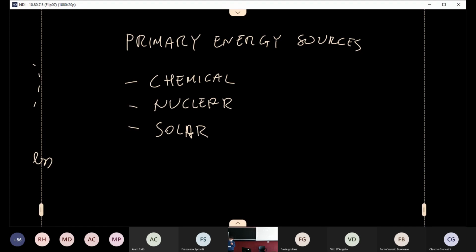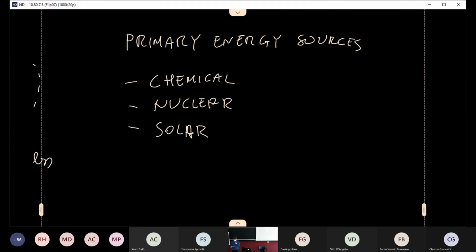This time there are the nuclear bonds, so nuclear reactions such as fission, fusion, or heat released by different kinds of nuclear reactions. And this, of course, is limited in principle because we have a given amount of nuclear fuel, and then we cannot extract more than what is available in this material.